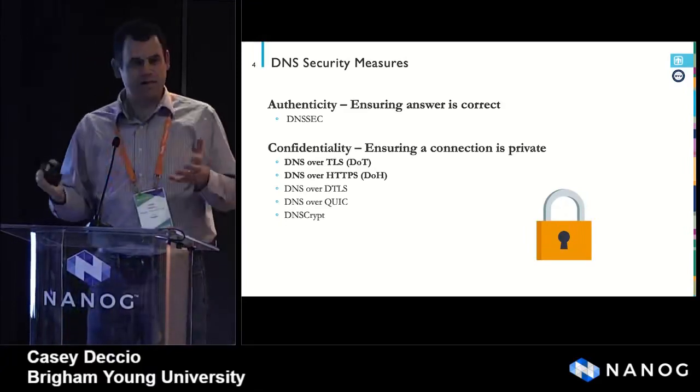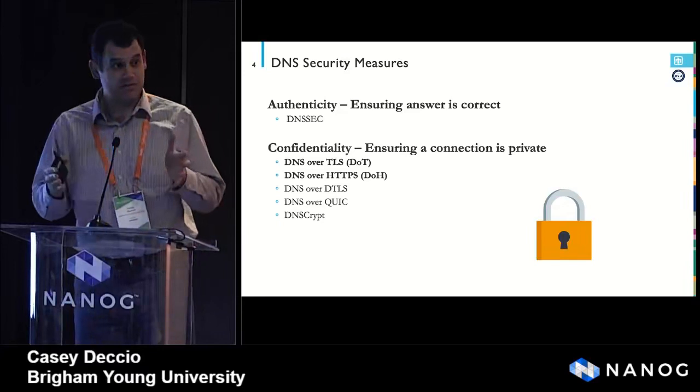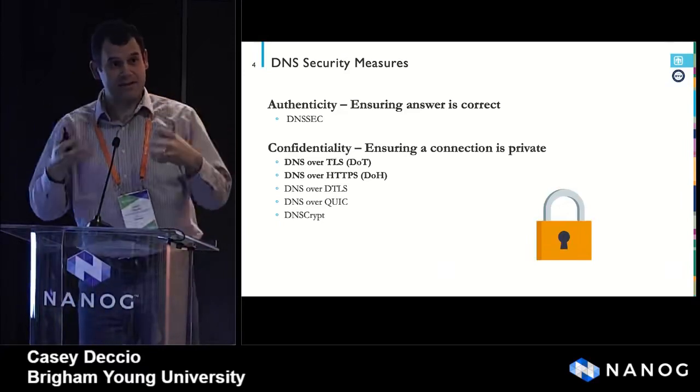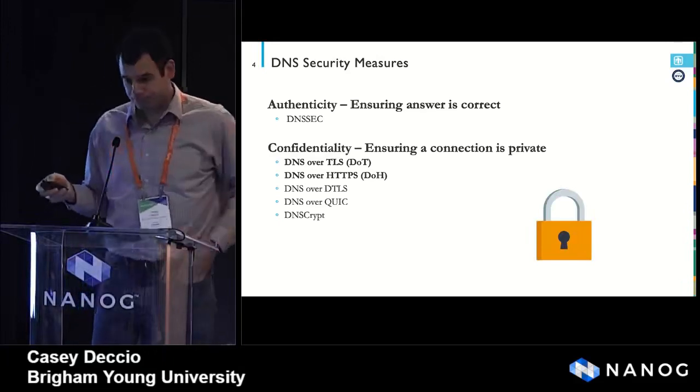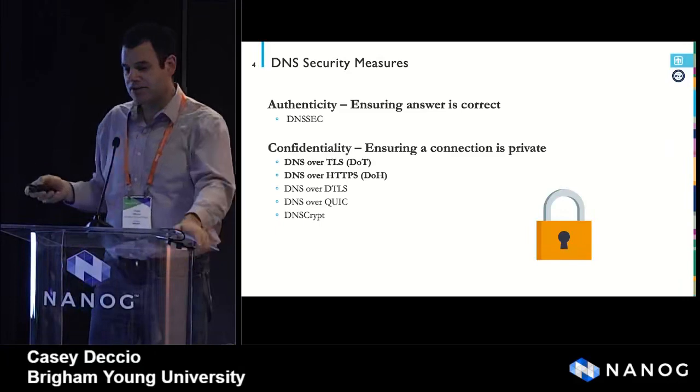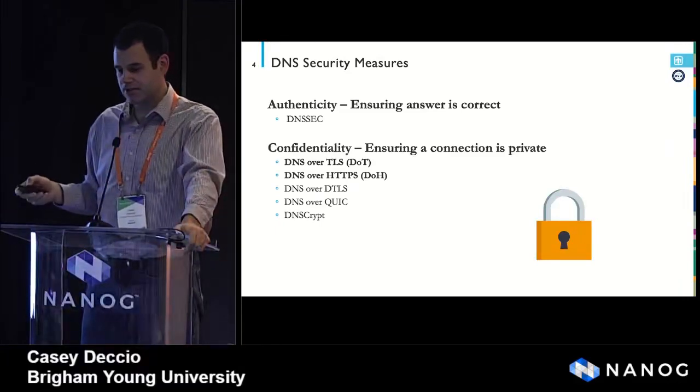But those are mostly about confidentiality and ensuring a connection between two parties as opposed to authenticating the data that you get no matter where you got it from. All right, but the subject of my talk today is mainly these two bolded ones, DNS over TLS and DNS over HTTPS.